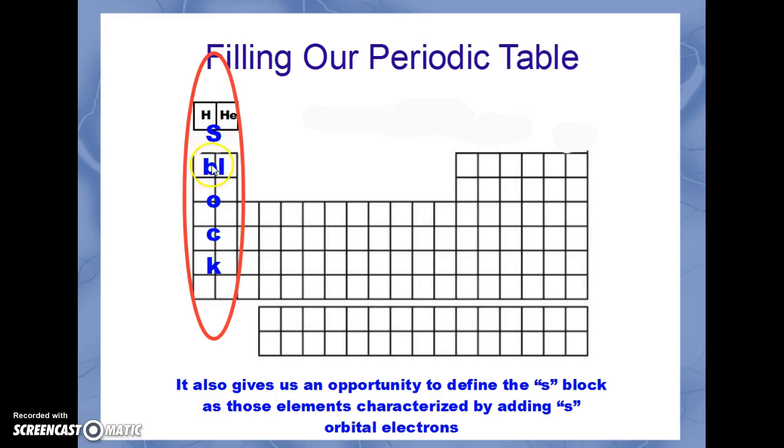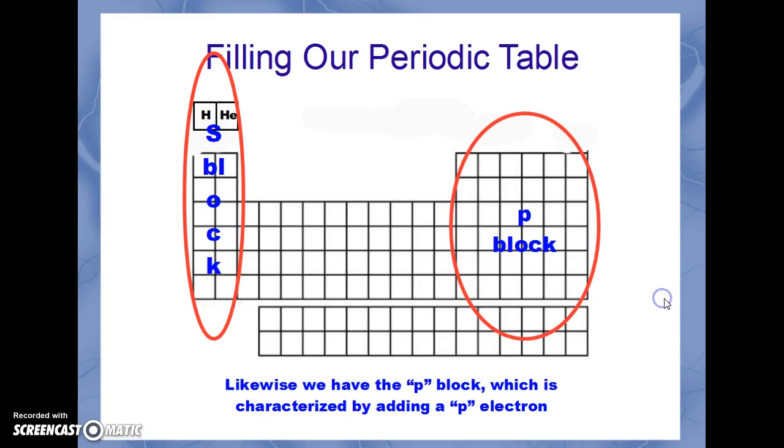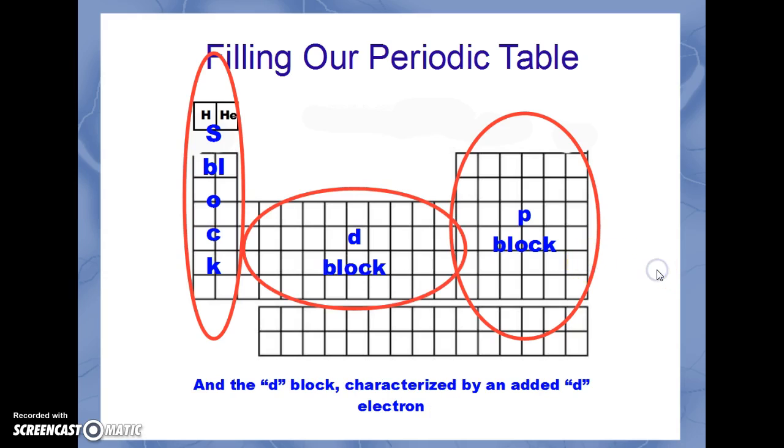So in here, the characteristic or last electron added will be an s electron. Likewise, we have the p block. Over here, the last 6 elements on any row are characterized by adding a p electron. The d block here in the middle is characterized by adding a d electron as the characteristic electron.